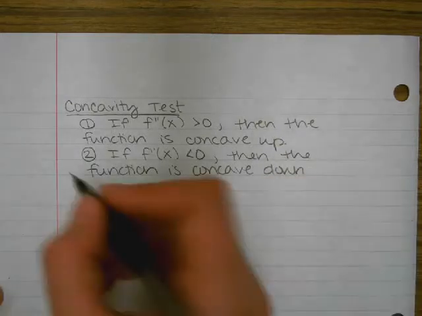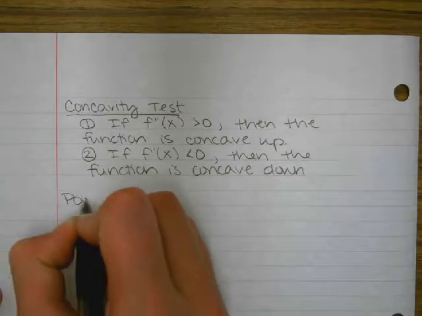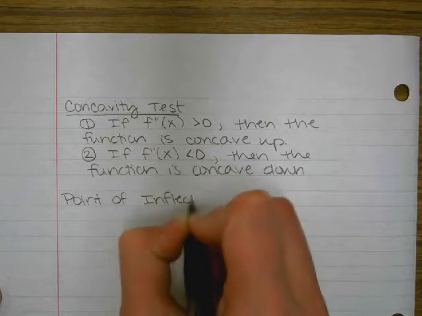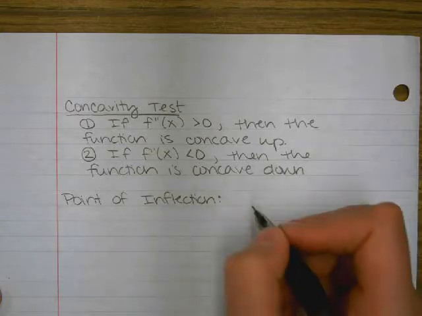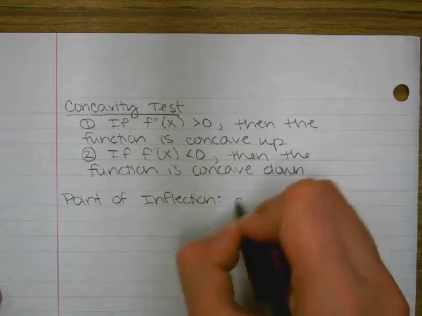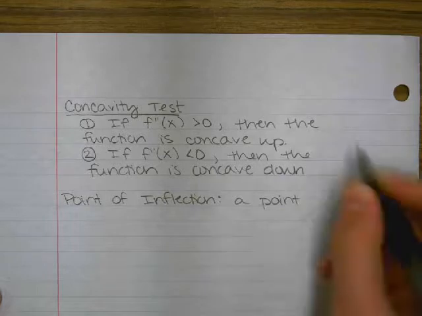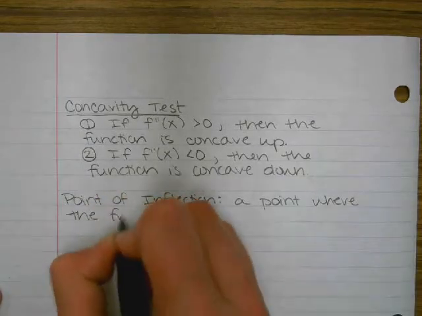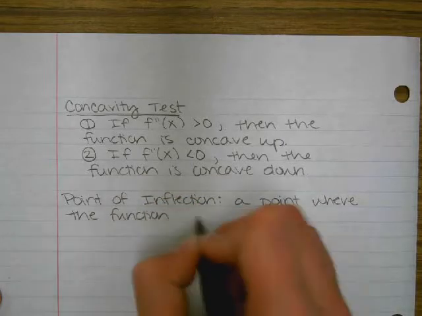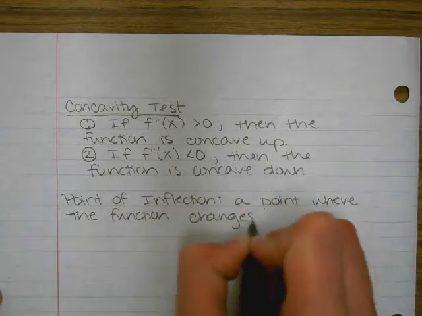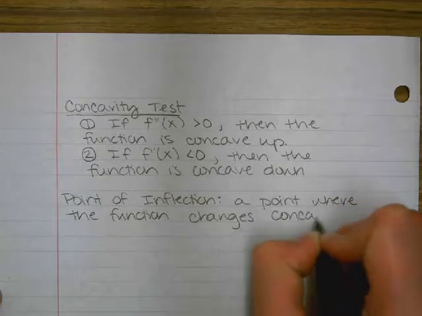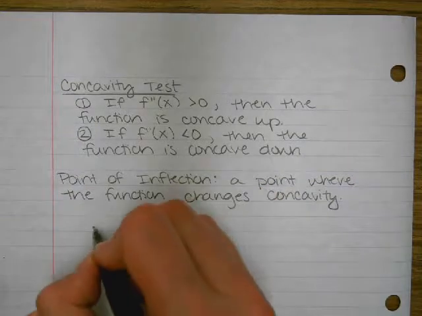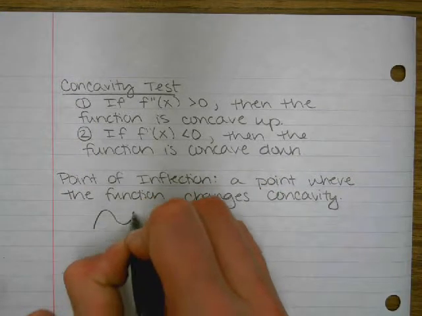Now there's a point that you probably have not heard of called the point of inflection. And the point of inflection is a point where the function changes concavity. So I'm going to draw two pictures of this so you can kind of see.